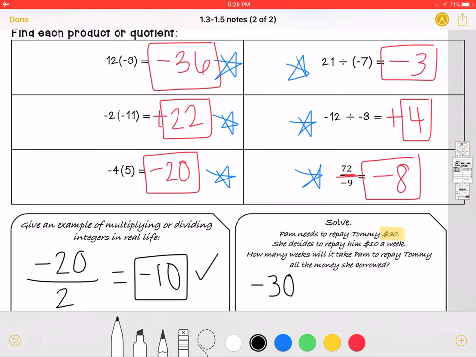That's going to be a negative amount. If she's going to repay him $10 a week, so she's giving away $10 per week. Now we're dividing it up. How many weeks will it take her to repay Tommy all the money she borrowed?